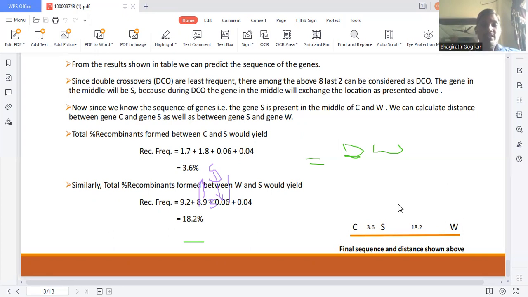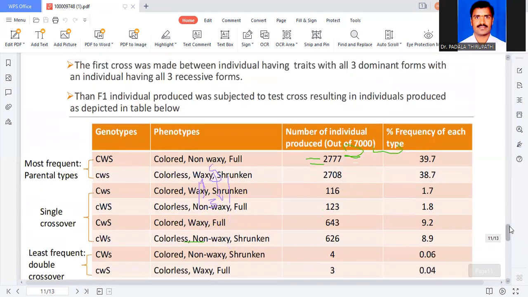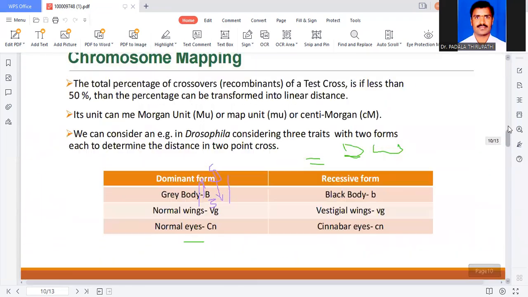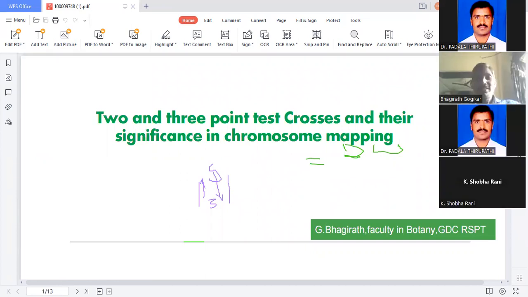Okay, sir. Regarding today's class, any doubts, my dear friends? Please ask. Today's important area for all competitive exams in genetics is especially the 2-point test cross and 3-point test cross.